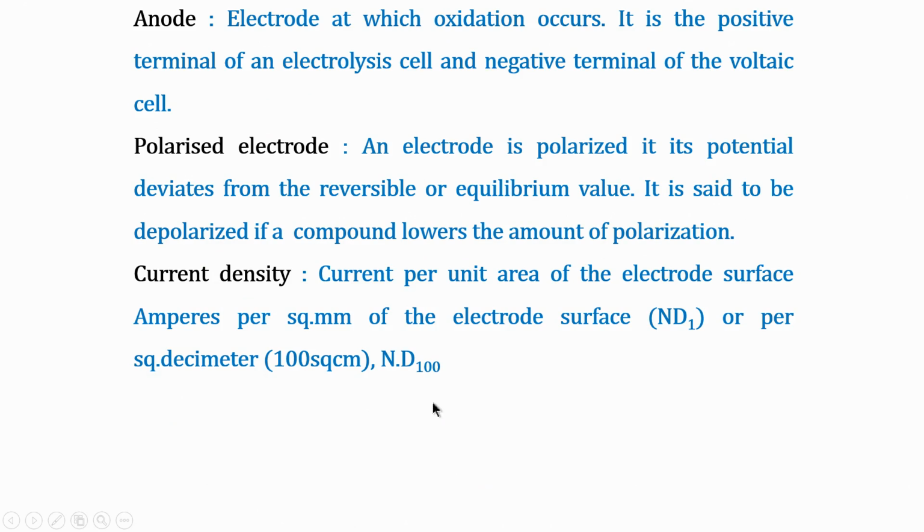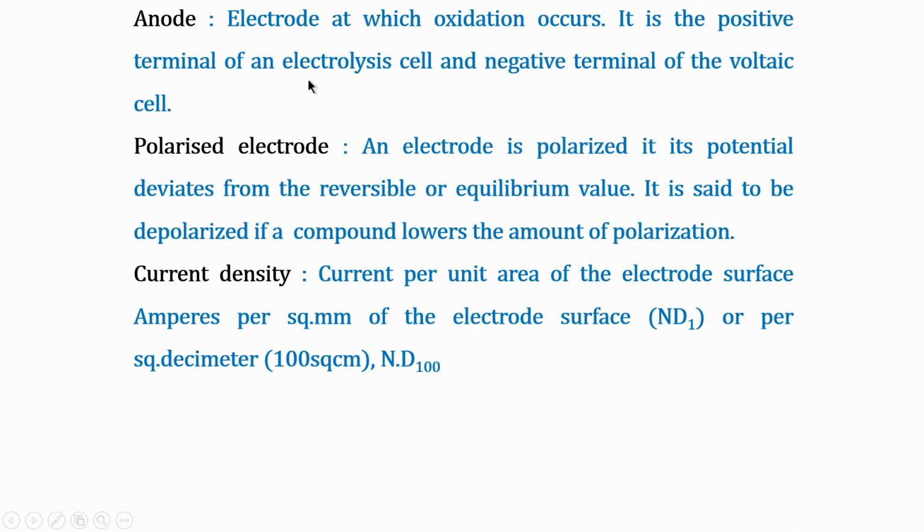So, what is an anode? An anode is also an electrode, a metal piece. It may be of any shape, cylindrical, wire, round, circle, plate, etc., at which oxidation occurs. It is the positive terminal of the electrolysis cell and the negative terminal of the voltaic cell. This I have already explained to you.